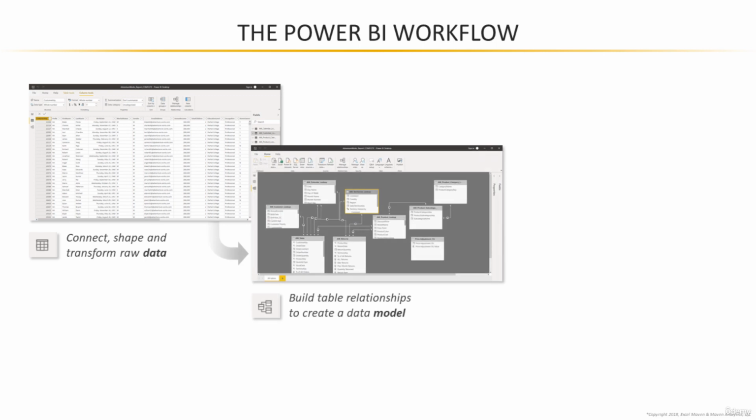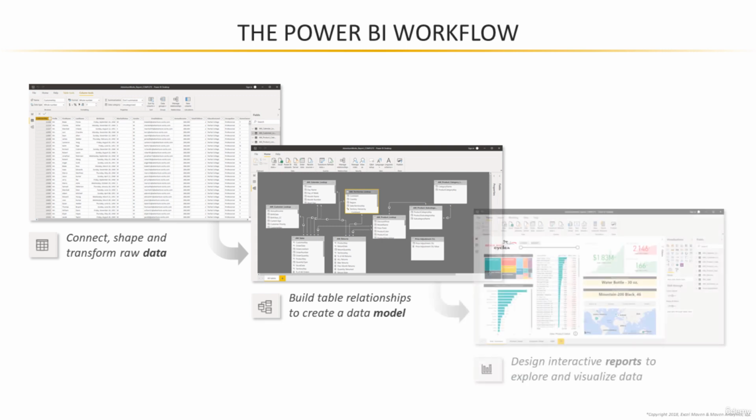That's where we're going to design a data model and tie those tables together with relationships. And from there, move into the third phase, which is designing interactive reports and visualizations. All that's going to take place in the Reports tab. So we will be bouncing around quite a bit between all of these different views, but generally speaking, this is how things are going to flow.